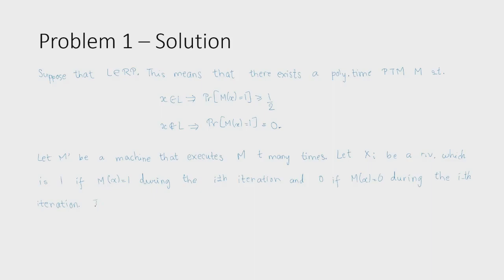Now, if x is not in L, then xi is equal to 0 for all i in t, because if x is not in L, then M is never going to output 1, and therefore xi will always be 0.